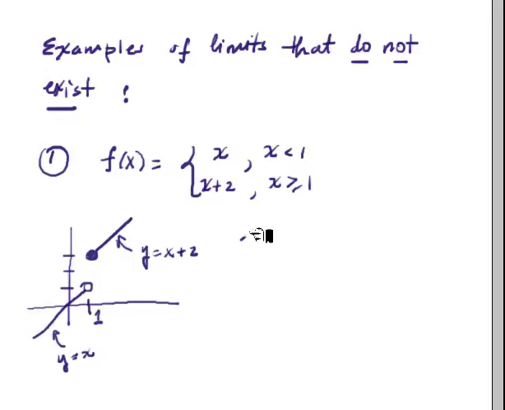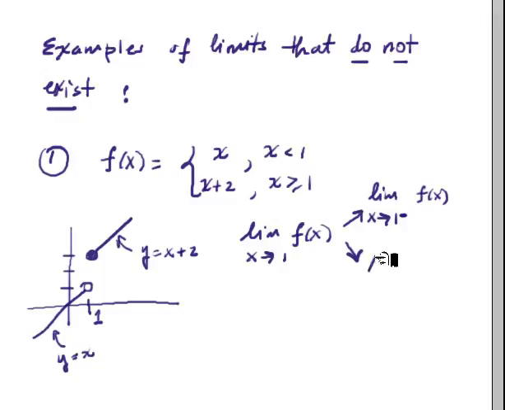So if we want to take the limit as x goes to 1 of f of x, we have to break this up into 2 limits. Because of the way f of x is defined, we take the limit as x goes to 1 from the left, that's that little minus symbol indicating to the left, of f of x, and we take the limit as x goes to 1 from the right.